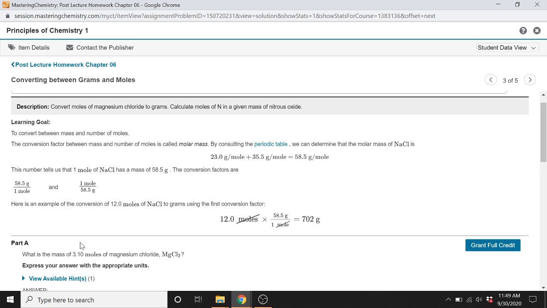You have a number here, moles, right? In my case, it's 3.1 moles. You may have a different number. And you're going to take that and multiply it by that 95 grams per mole, right? Notice moles will cancel, leaving you in grams, right? Which is what you want for this problem. Okay.